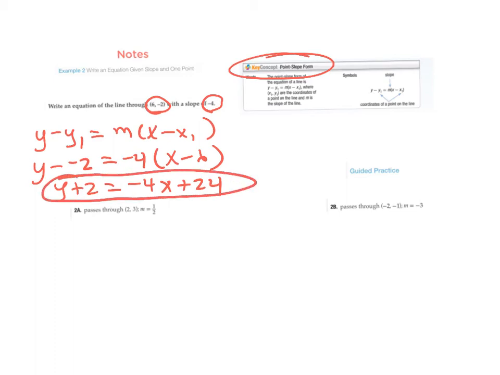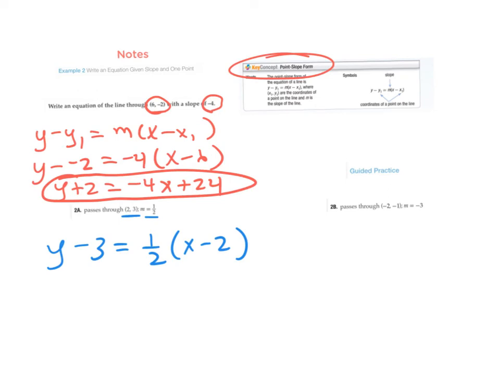There's our equation. So let's look at our next example here, where we pass through this point. We have our slope, so I'm going to fill in y minus 3 equals 1/2, and then x minus 2. And then we can just leave that problem in the point slope form and be done.